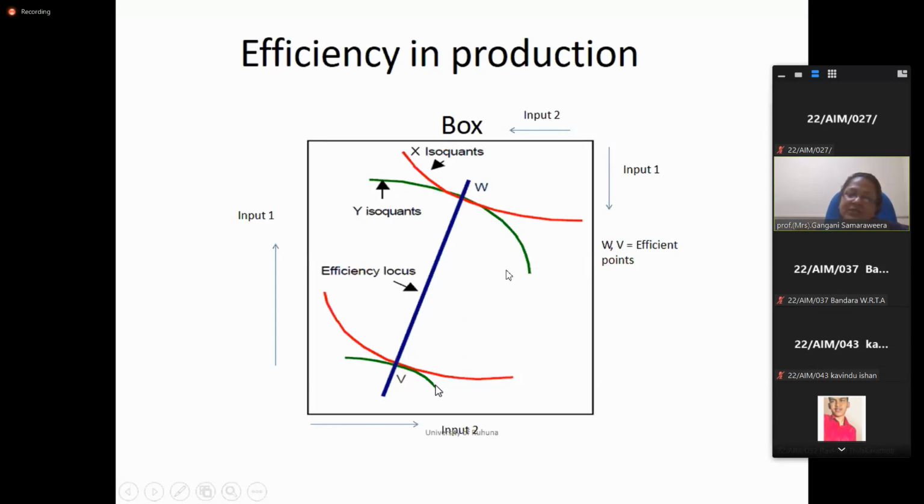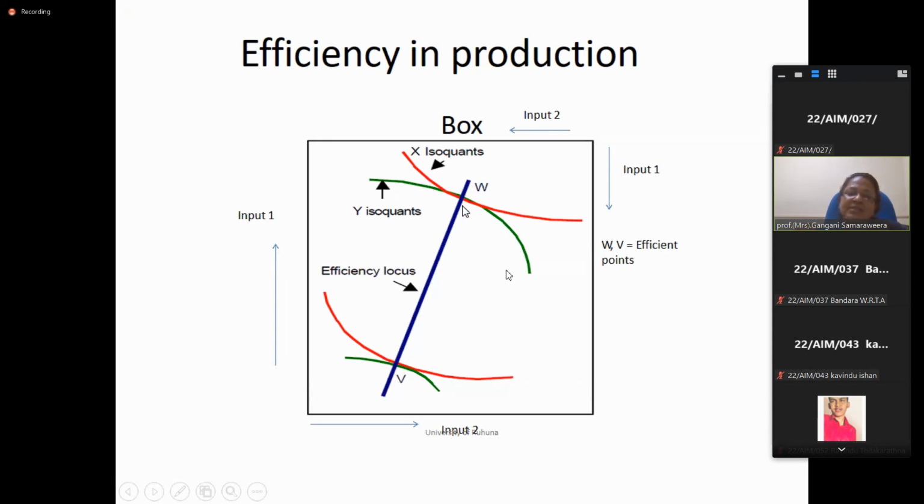Understood? Yes, madam. Okay. Then when you put this on this, first we draw separately 2 lines, 2 graphs. Then put one on it. Then some points may come where they touch each other.